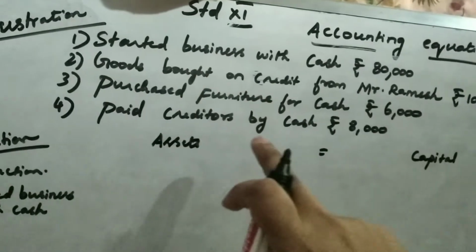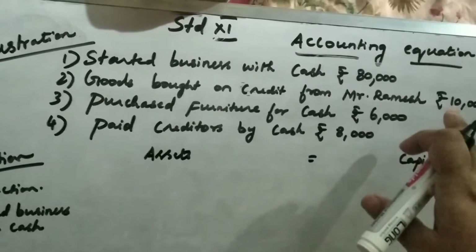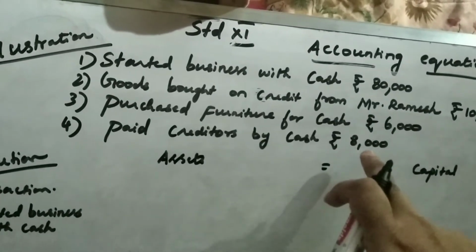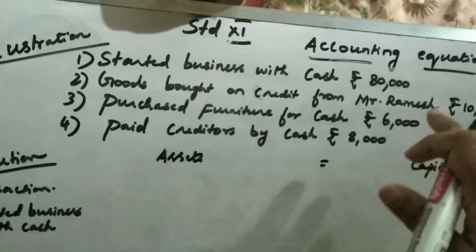Then, paid creditors by cash 8,000. We need to pay Ramesh rupees 10,000, but now we are paying 8,000. So, there is a reduction in both cash as well as creditor.